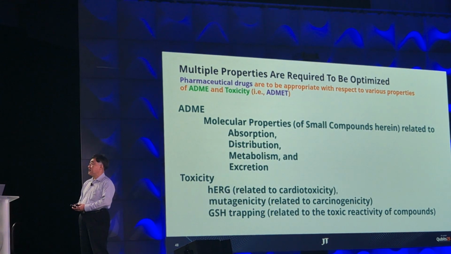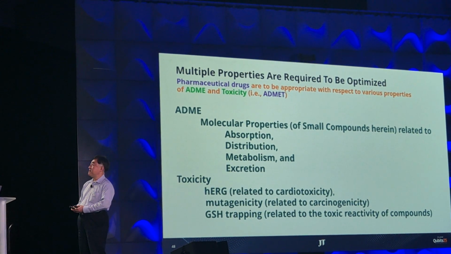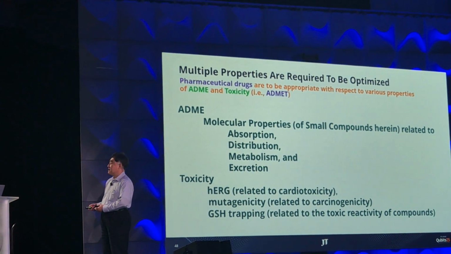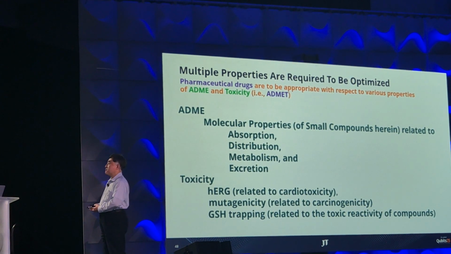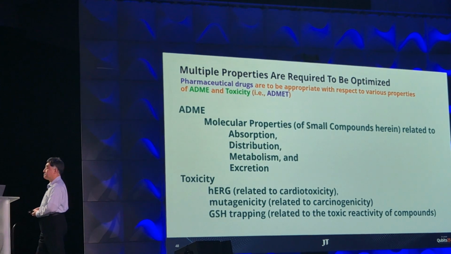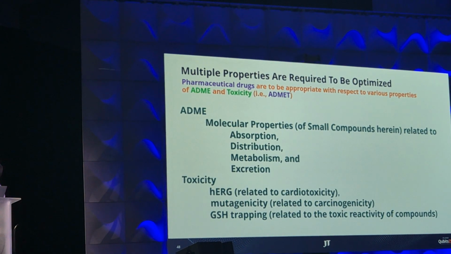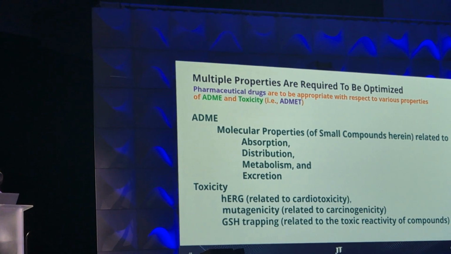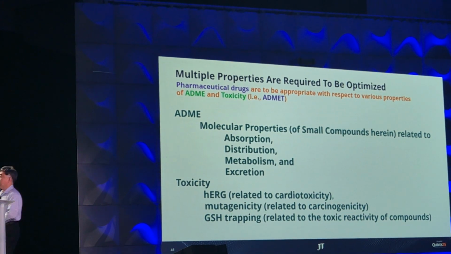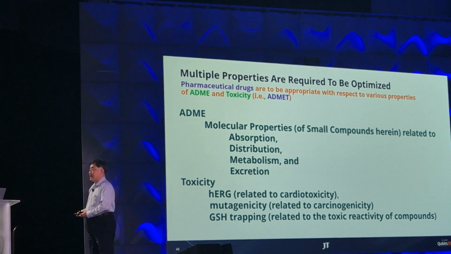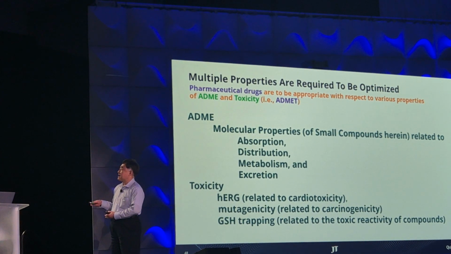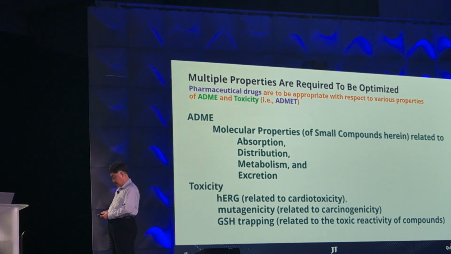We need to optimize many molecular properties in the drug design work. These are examples of such molecular properties. For example, A, D, M, E, and toxicity. As the total, I refer to these molecular properties as ADMET.